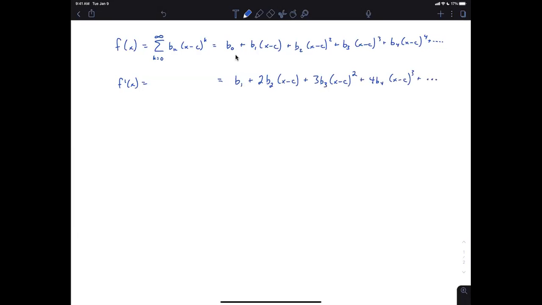Again, you could write that with summation notation, so this would be k bk x minus c to the k minus 1, but I'm not worried about that here. We're going to just look at this right-hand side.